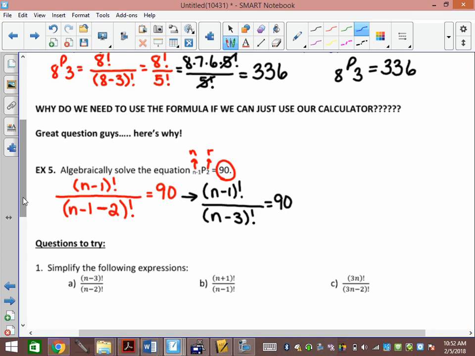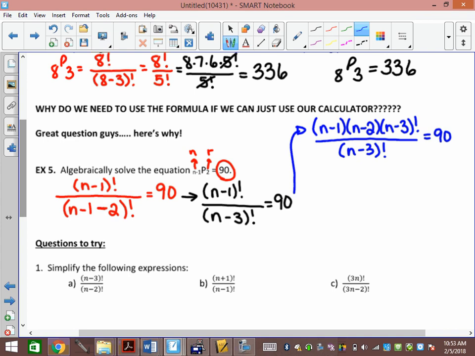So n minus 1, n minus 2, n minus 3 factorial over n minus 3 factorial equals 90. These cancel. And I'm left with n minus 1 times n minus 2 equals 90. What do I need to do next?